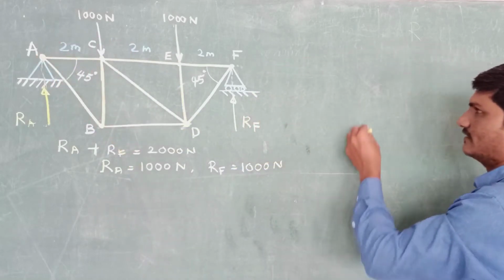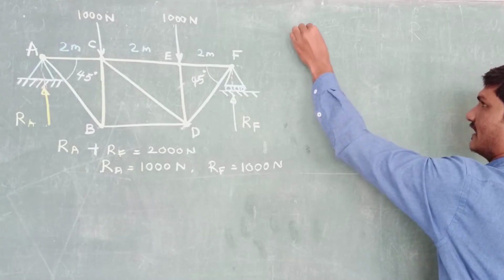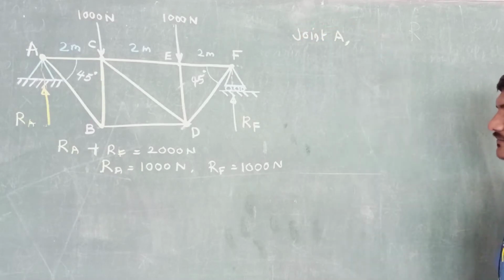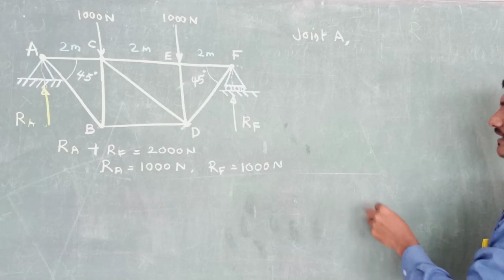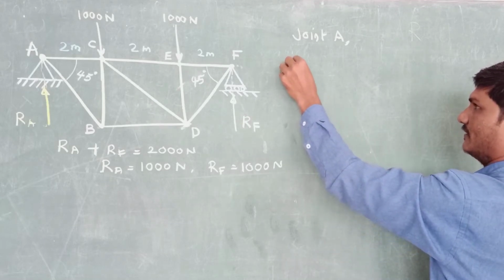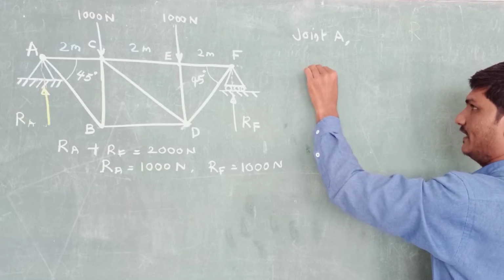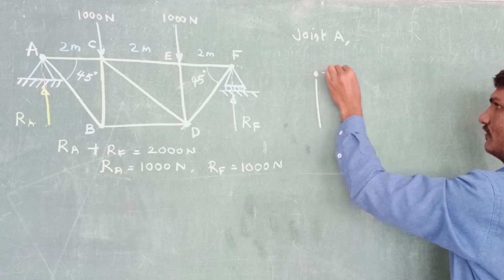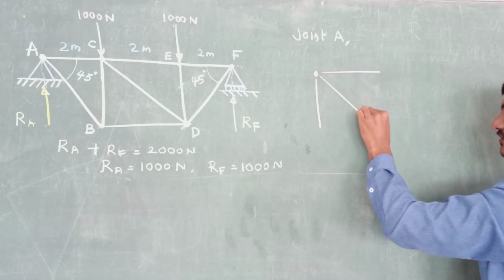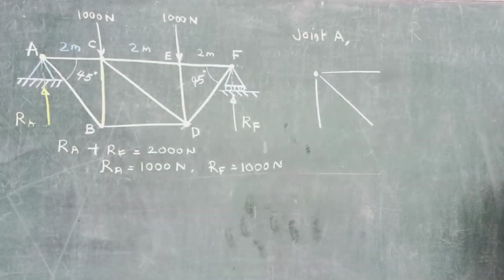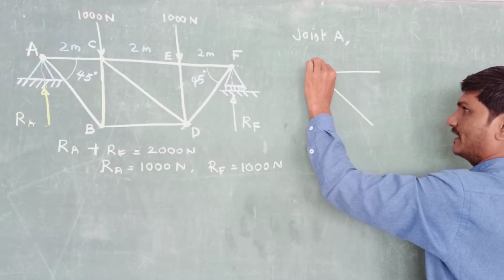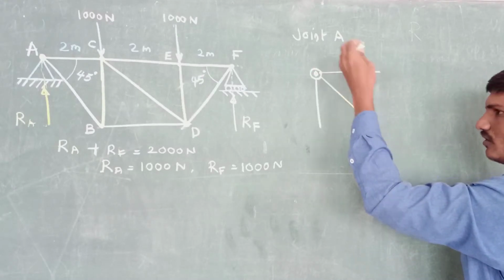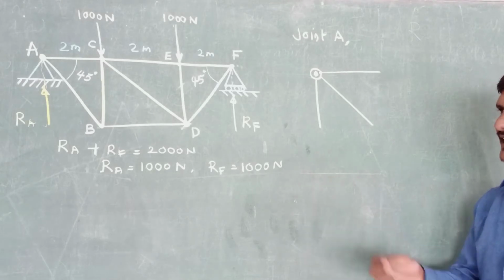Now let us take joint A and make a free body diagram for that joint. Here at A we have one force, another force, and an inclined force, all meeting at point A. Let us assume all the forces are in the tensile direction.